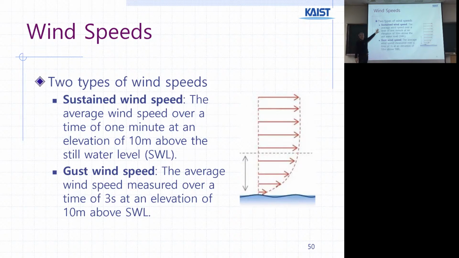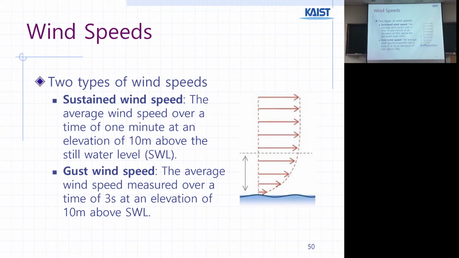For our case, there is a project in our department designing a 5 megawatt floating wind system. At that time, we measured the wind speed. The location was near Jeju Island, so we have a wind map there.